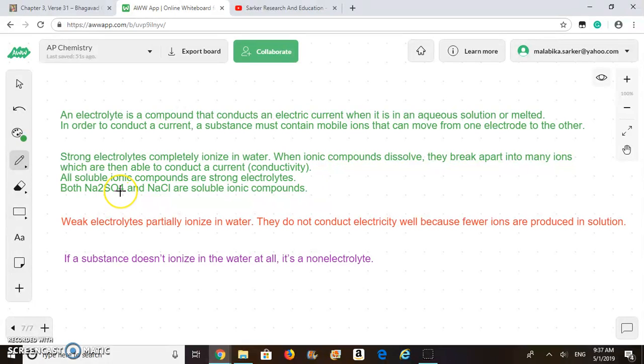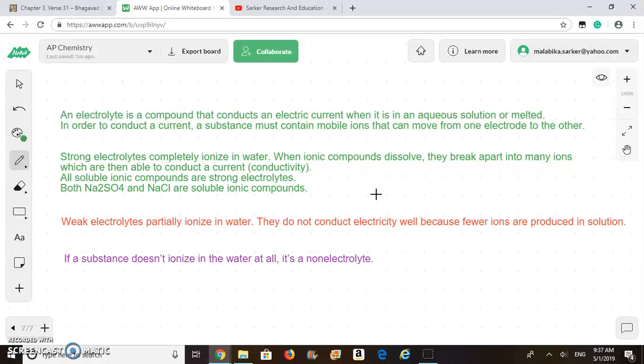Here also the sulfate is a polyatomic anion, made up of all non-metals. So both sodium sulfate and sodium chloride are ionic compounds. They are soluble, so they are very strong electrolytes. When they are dissolved in water, they break apart almost completely into the corresponding cations and anions, and they are very good conductors of electricity.